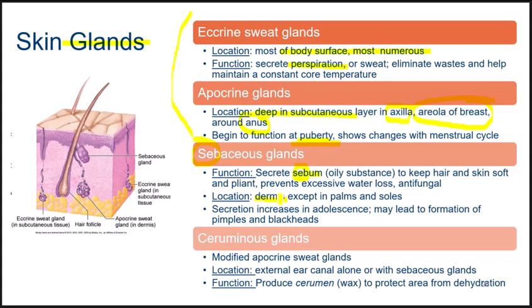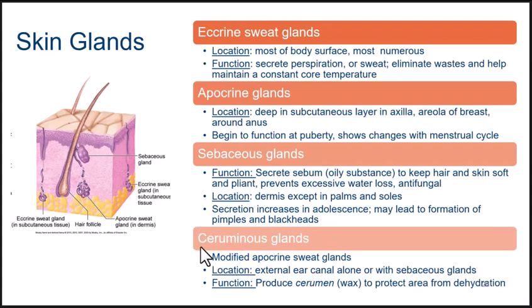They're found all throughout the dermis, but we do not have them in our palms and our fingers, fingerprints, or fingertips, and our soles. They are not present in those areas. The production of the sebaceous glands increases by the time you get to adolescence, and it's that nasty contributor to the formation of problematic skin, such as pimples and blackheads.